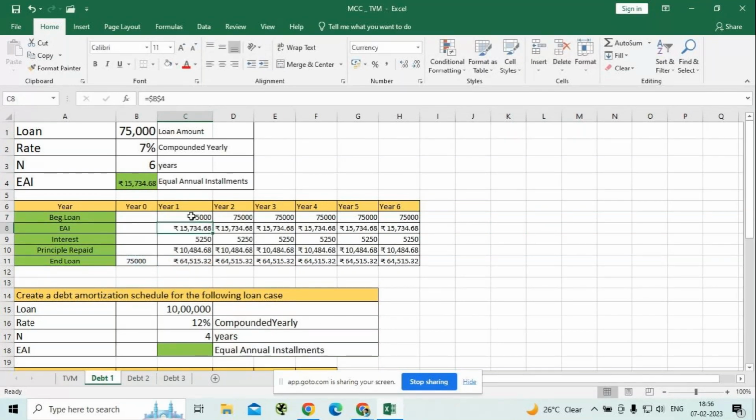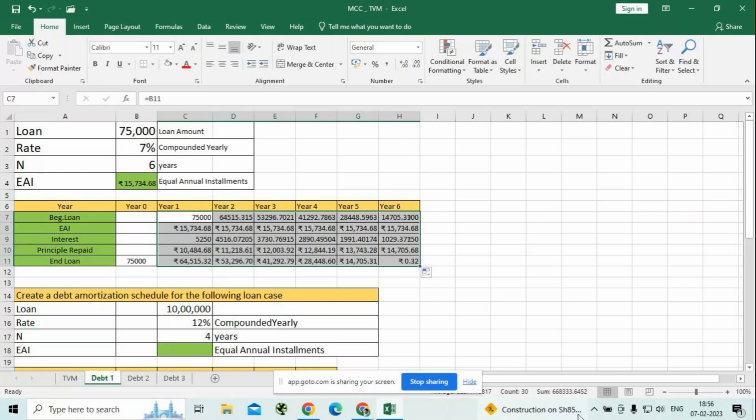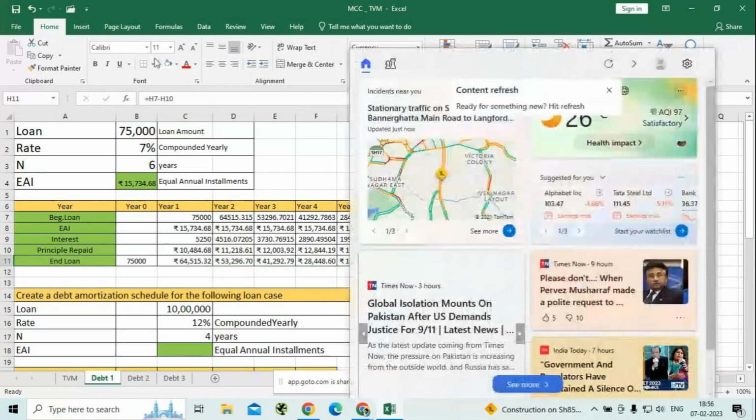Now if I drag this, because I have linked it, it works. When you have a value manually, you'll have this kind of problem. When I have references from the previous column and I drag it, you can see that it is going to be 0 at the last.